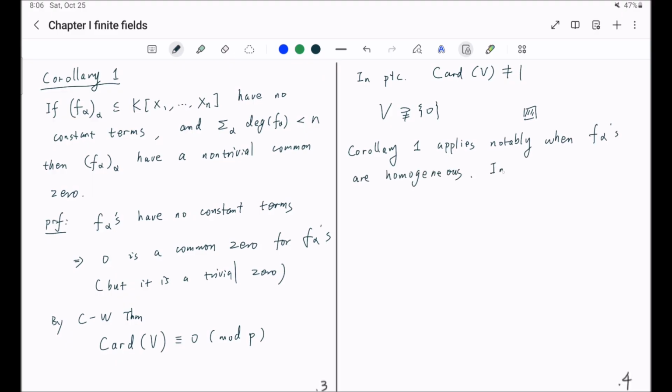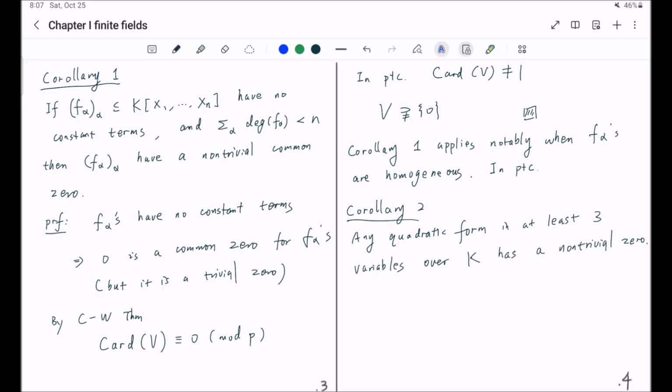In particular, if you look at the following case, written as corollary 2: every quadratic form in at least 3 variables over K has a non-trivial 0. The proof is immediate because a quadratic form is a polynomial with degree equal to 2.